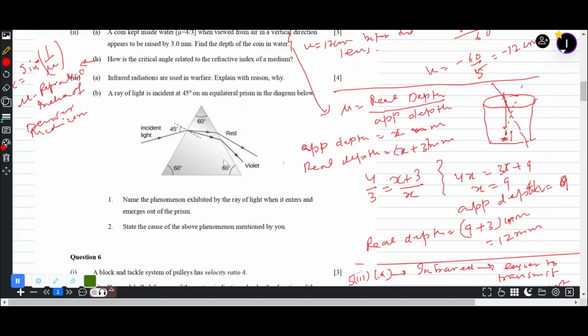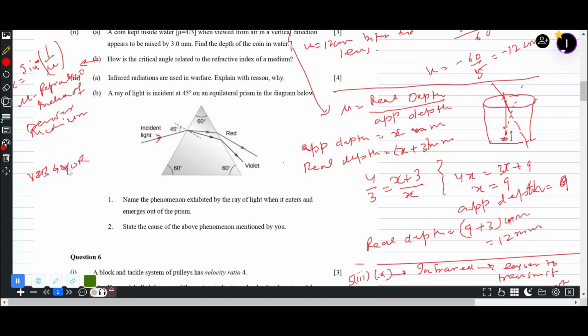Equilateral means 60 degrees. You see what is happening is this is one incident light, and it breaks up into two parts, red and violet. Actually, it breaks up into all the light components, from violet to red: violet, indigo, blue, green. You know that funda, right? VIBGYOR.